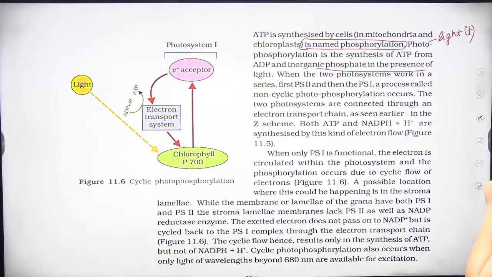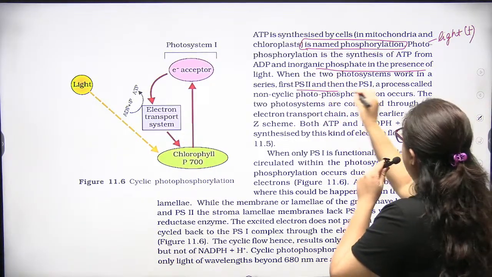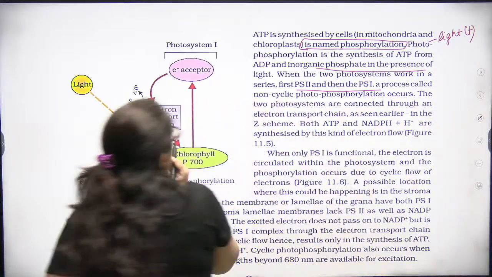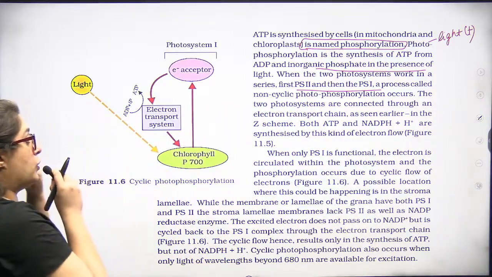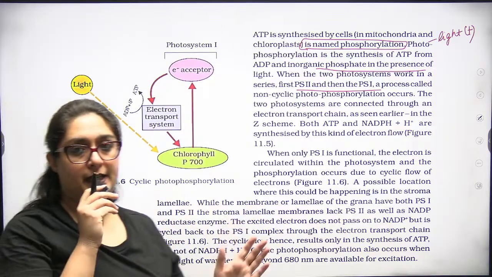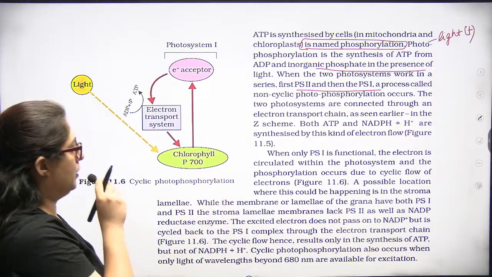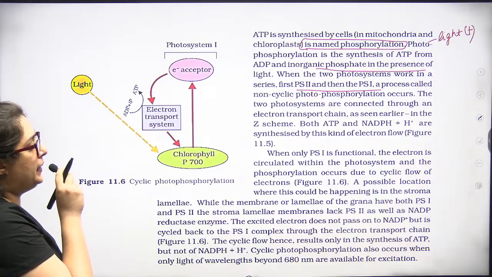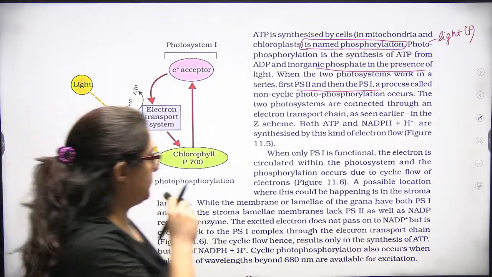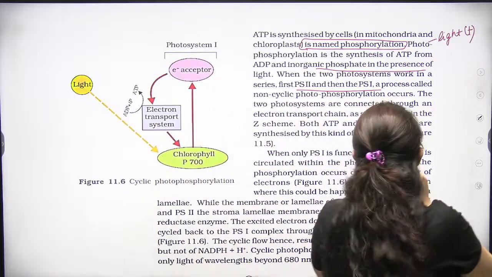Now, when the two photosystems work in a series, first PS2 and then PS1, electron transport occurs from PS2 to PS1. This process is called non-cyclic photophosphorylation. The two photosystems are connected through an electron transport chain. Both ATP and NADPH plus H plus are synthesized by this kind of electron flow.